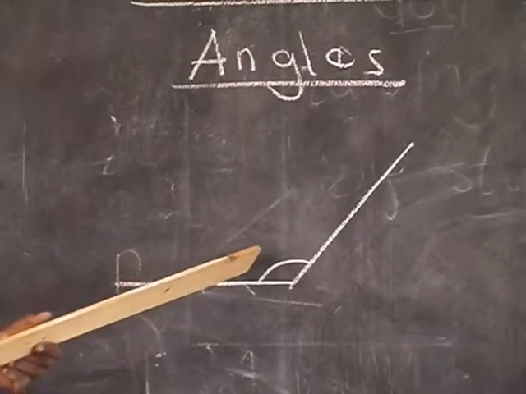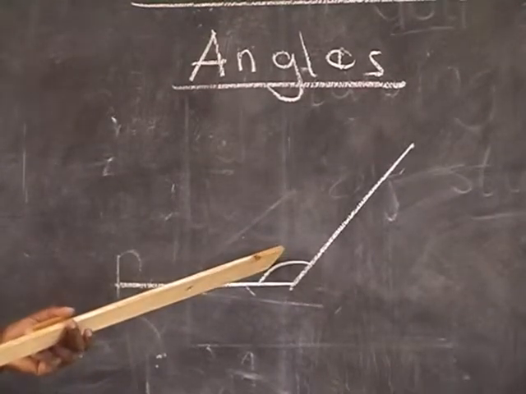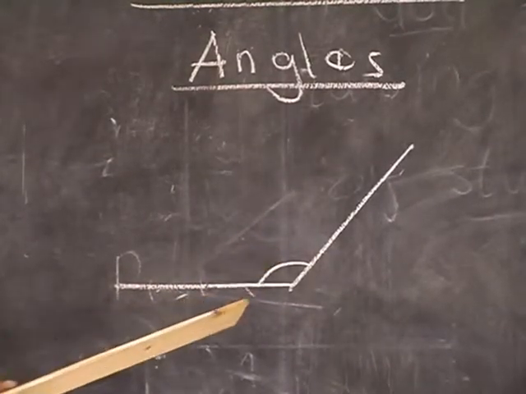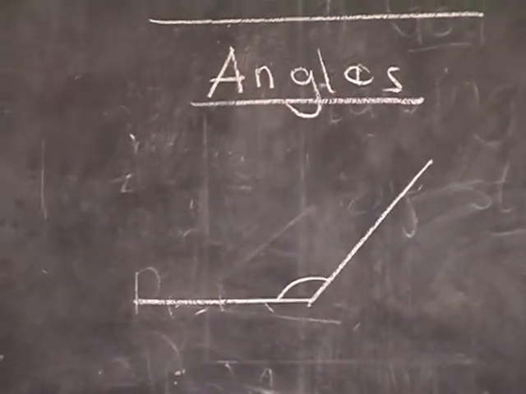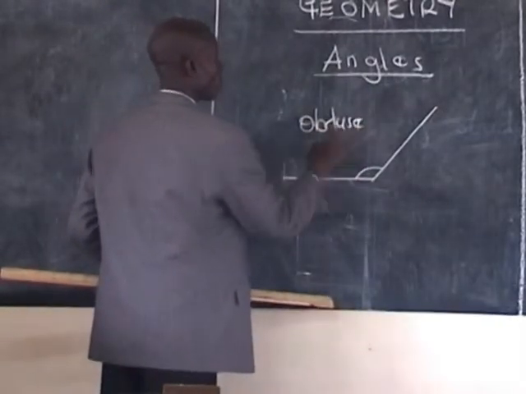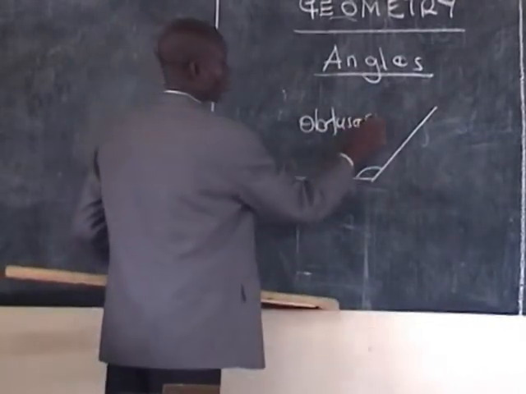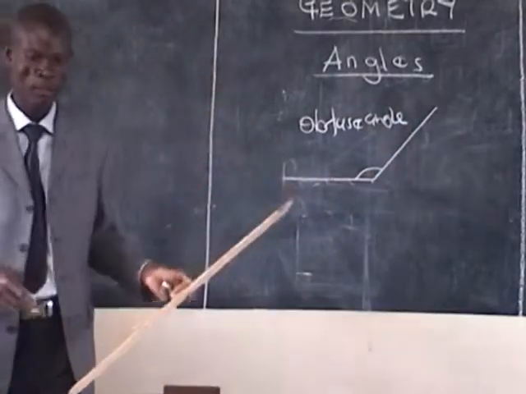And that's why we are saying an obtuse angle is an angle that is more than 90 degrees but less than 180 degrees. So just to remind ourselves, we can write obtuse angle so that we are reminded of the angle we just drew.